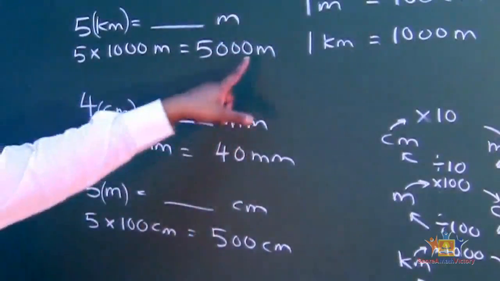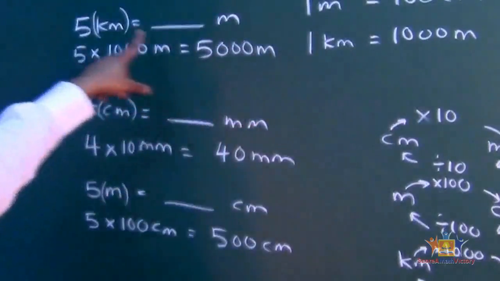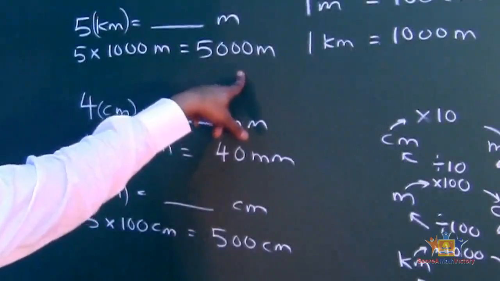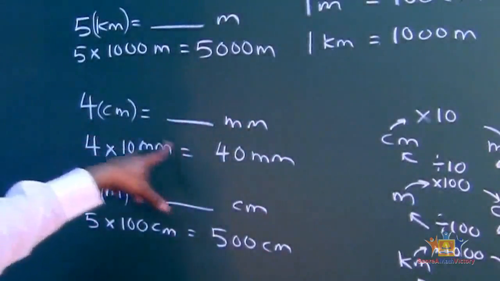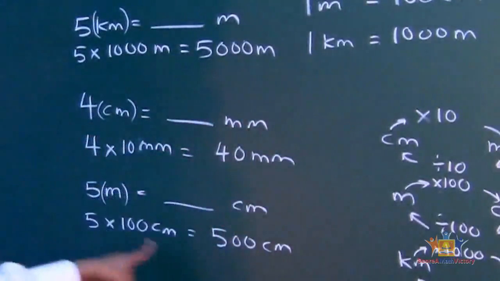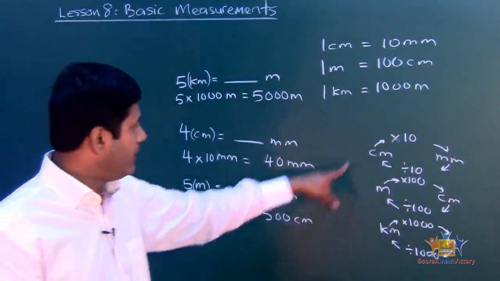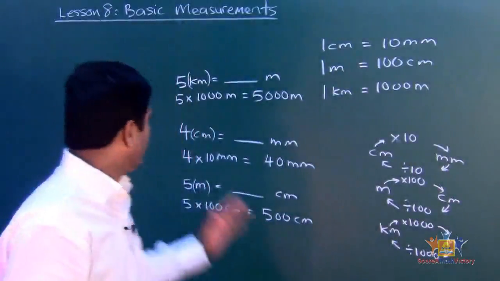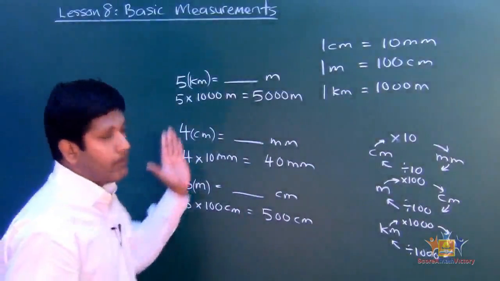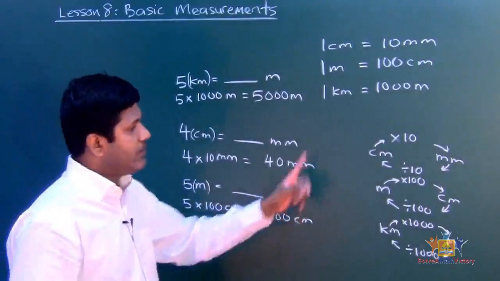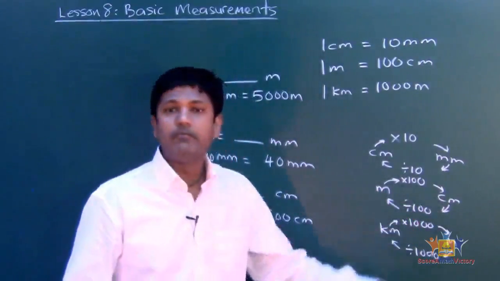That's 5,000 meters. Very important, you've got to put the unit. So 5 kilometers equals 5,000 meters, 4 centimeters equals 40 millimeters, 5 meters equals 500 centimeters. We use this rotation method in the clockwise direction: centimeter to millimeter, meter to centimeter, kilometer to meter.